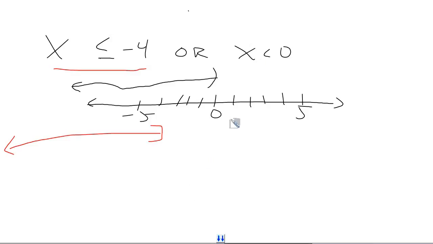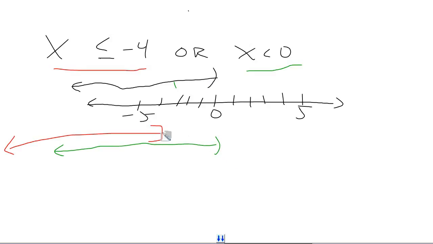And if I take in green all the numbers that are less than 0, that's a parenthesis at 0, also going in this direction. Again, these are two intervals, but what happens is I want to union them.